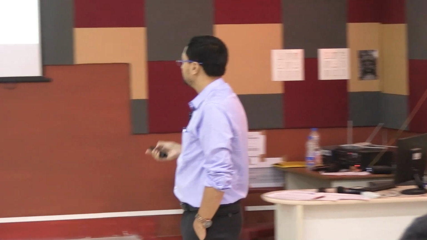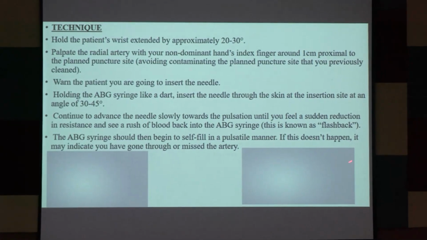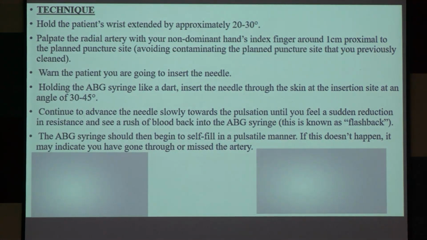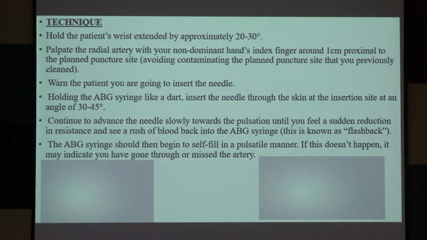Okay. So it should then begin to self-fill in a pulsatile manner. If this doesn't happen, it may indicate you have gone through and missed the artery, right? Or you may puncture the vein also. And venous blood is darker than the arterial blood, right?